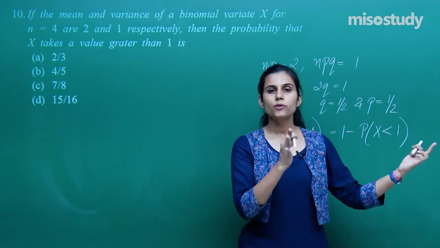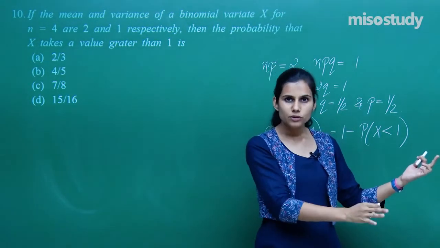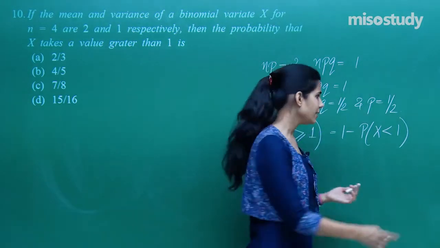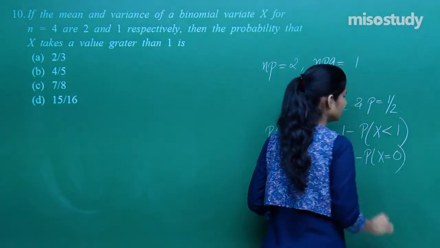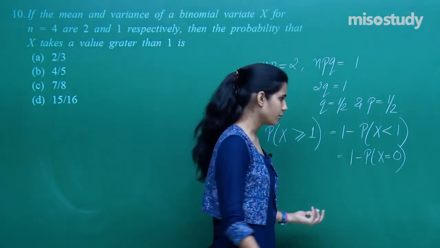I want to evaluate the probability of x equals 2 plus x equals 3 plus x equals 4. So it is nothing but 1 minus the probability of x equals 0 and x equals 1. Right? Because there is nothing less than 0.